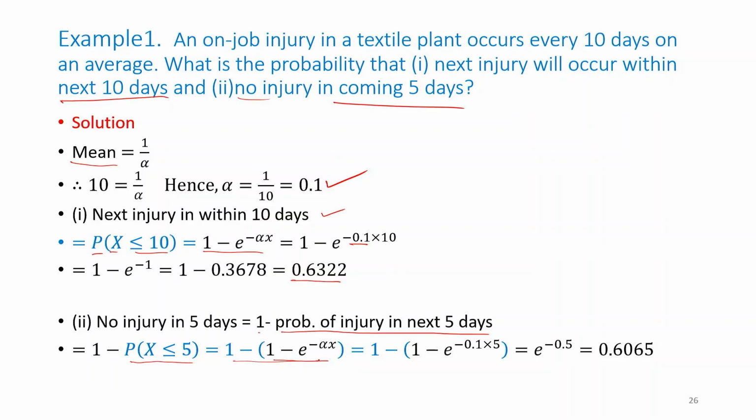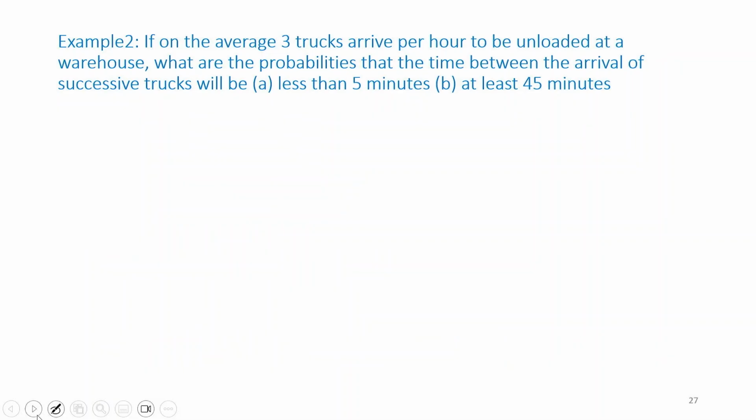This is the formula, so we substitute the value of x, which in this case is 5. Multiplying by 0.1, it will be e to the power minus 0.5. So we end up with the value 0.6065. From there, we take another example.